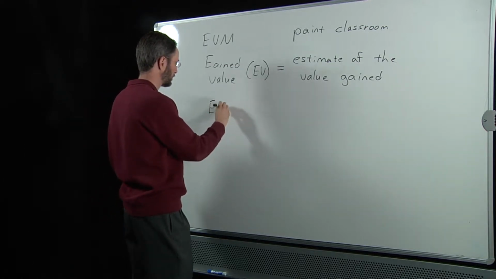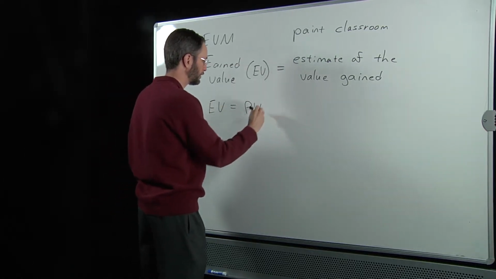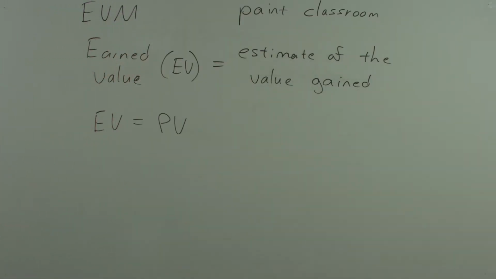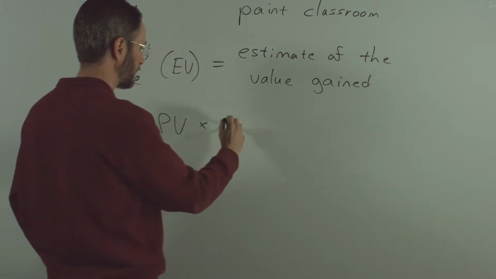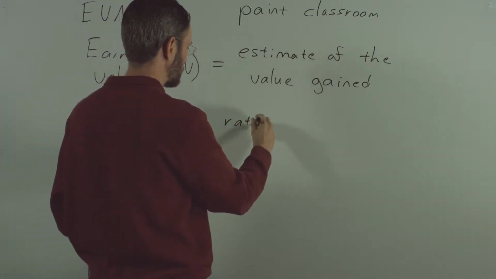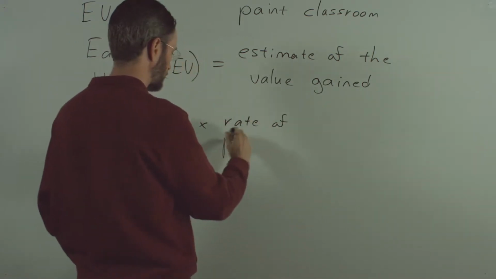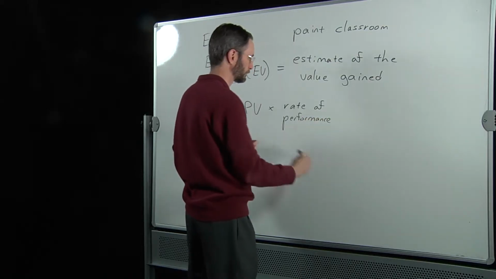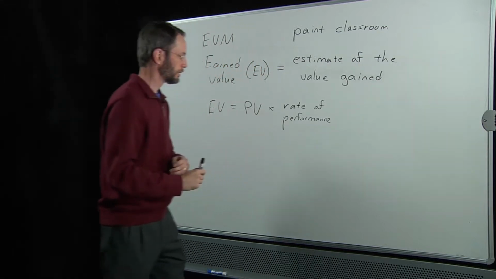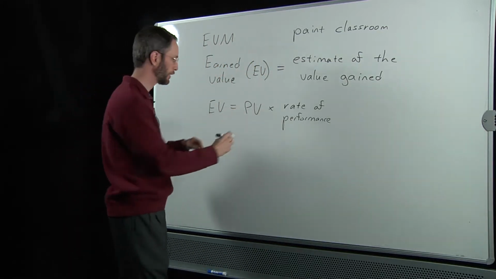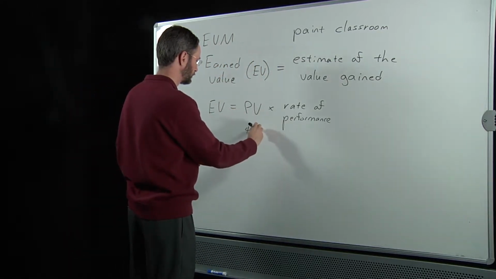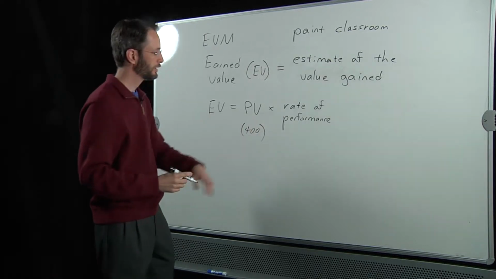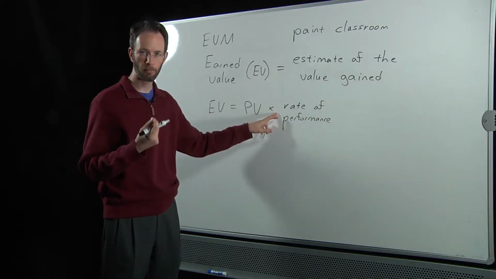EV equals the planned value multiplied by the rate of performance. Remember, our planned value was 400 in our illustration. Now the question is, how do we get the rate of performance?